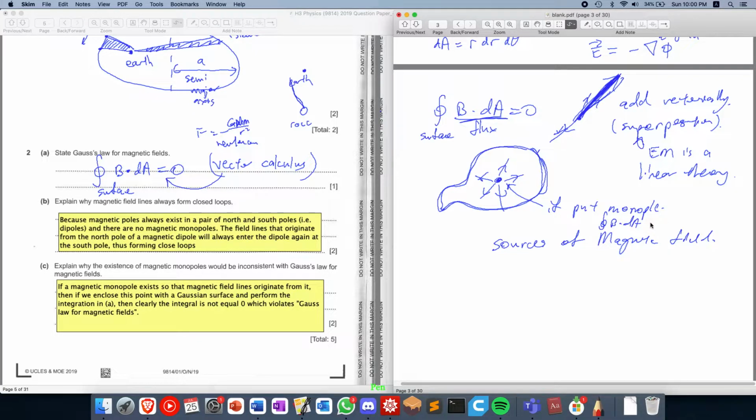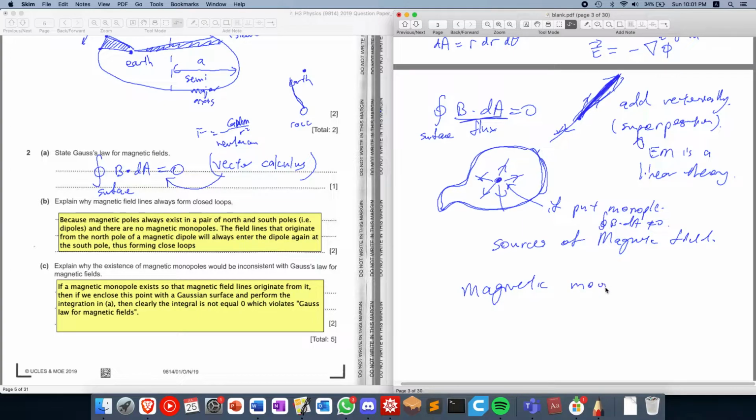It's clearly going to be greater than 0 in this case, or it could be negative, but it's essentially not 0. So if we put a monopole, then this law does not hold anymore. But the fact that Gauss said that this rule must hold means there must be no monopoles. That is essentially the consequence of Gauss' law for magnetic fields: magnetic monopoles cannot exist.